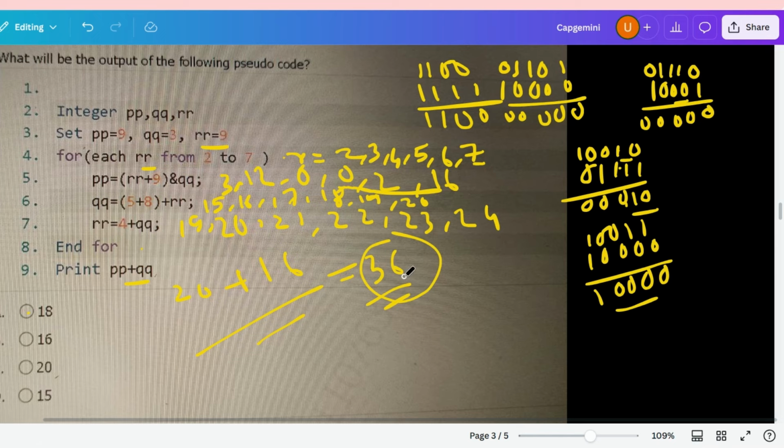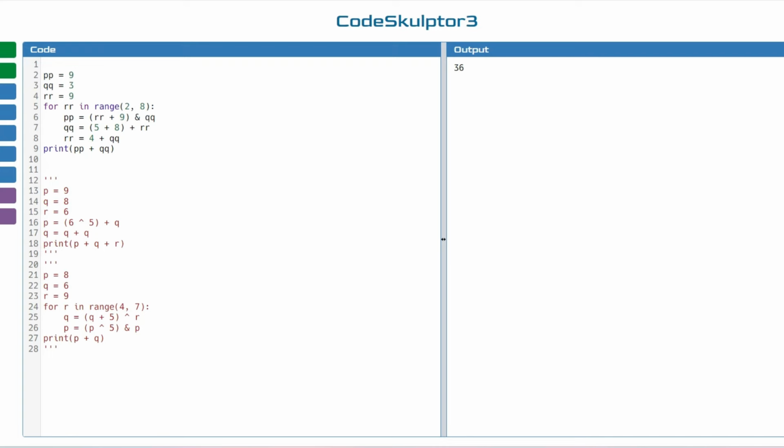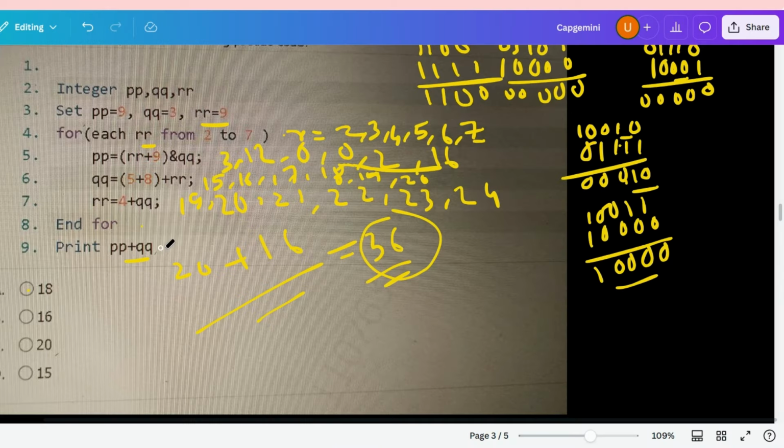At first I thought I was wrong, so I wrote the equivalent code of this, and I got the answer 36. Okay, as you can see I have written the equivalent Python code and still the answer is 36. So there can be a mistake from their side.